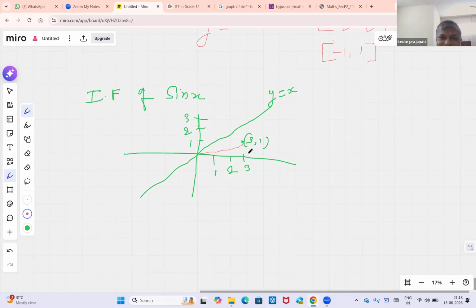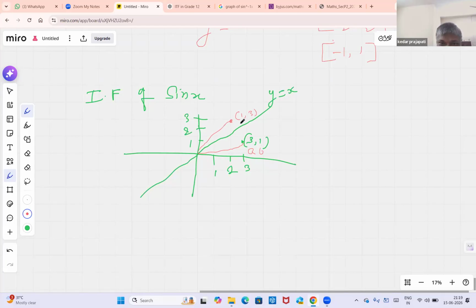If it is A and this is B, its inverse will be on the opposite side of this line, y equal to x. Somewhere here it will exist, and the coordinates will change. The coordinates will become 1 and 3. So this will be your inverse. This is how we calculate.